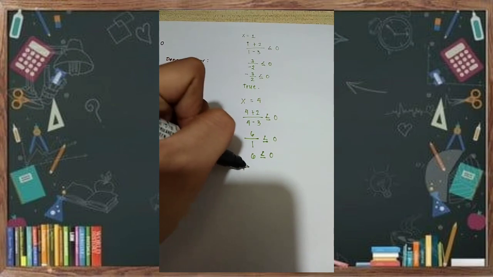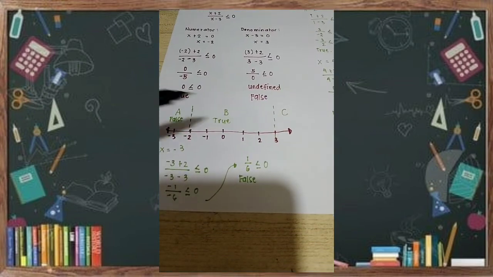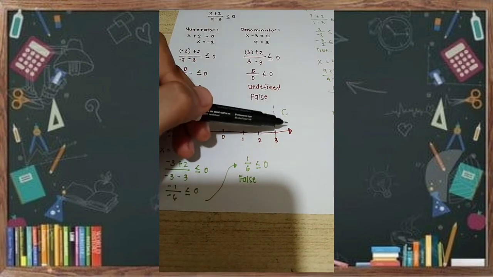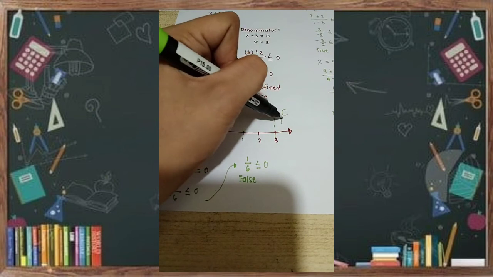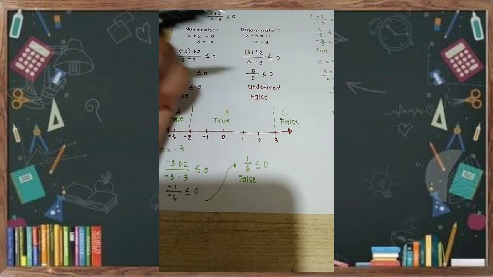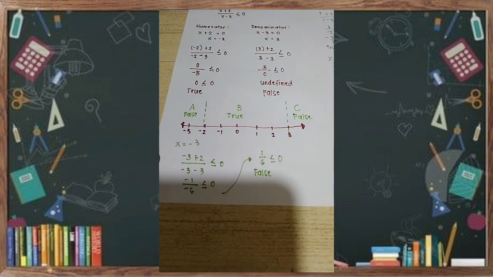So, it is false. Meaning, lahat ng numbers sa kanan ng 3 ay kapag pinag-substitute natin dun sa ating inequality symbol, lahat ay magiging false na.